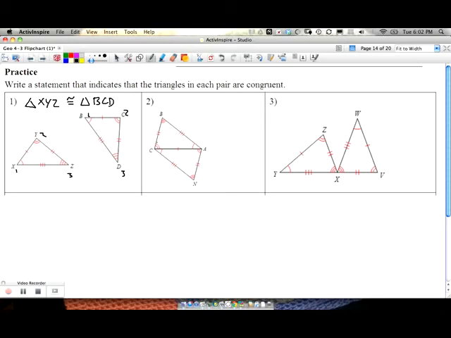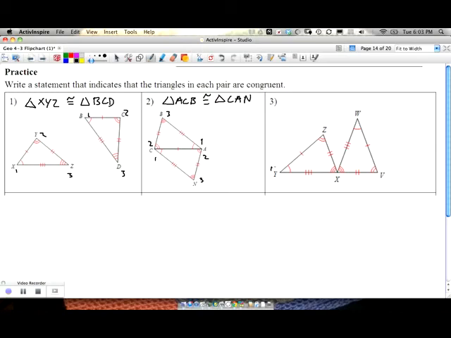Let's look at this next one. I got triangle A, C, B, because I'm going to go 1, 2, 3. For the other one, I got to go C, A, N. So that's congruent to triangle C, A, N.